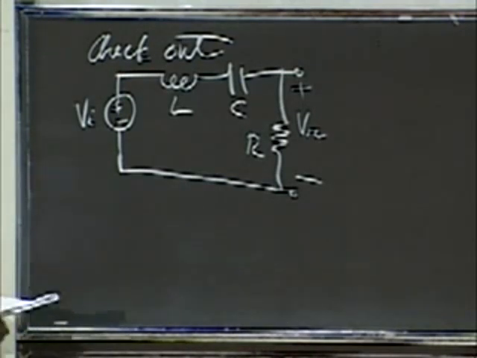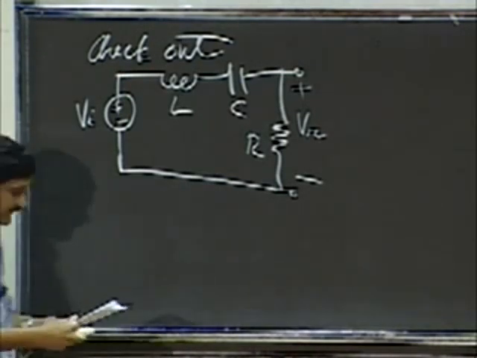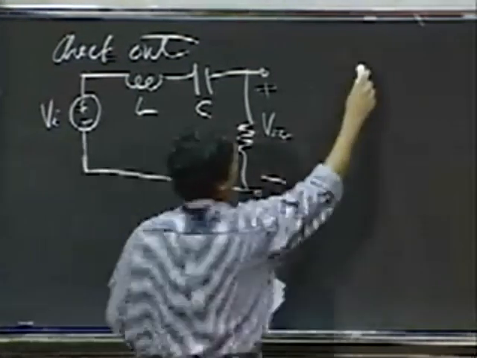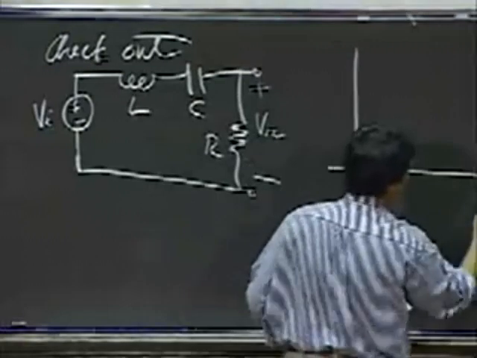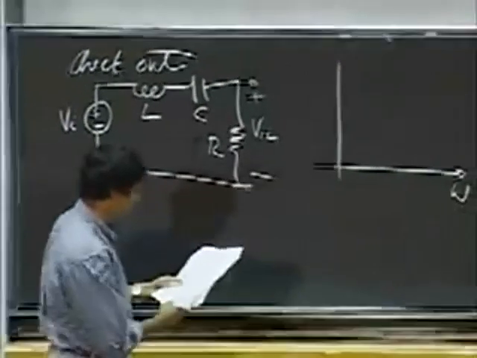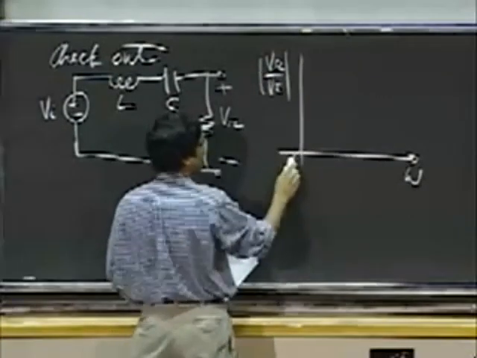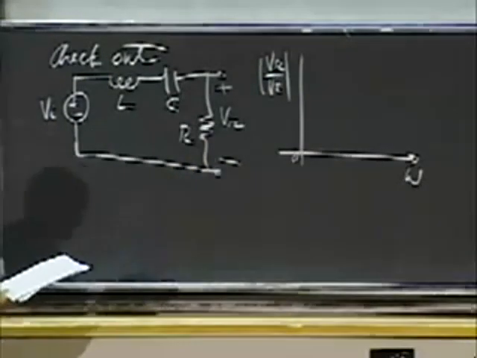So let's use our intuition and first write down what this looks like, and then do some math and see if the math corresponds to what our intuition tells us. So I want to plot VR with respect to VI.